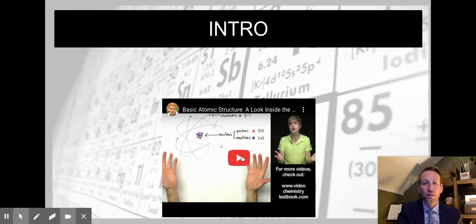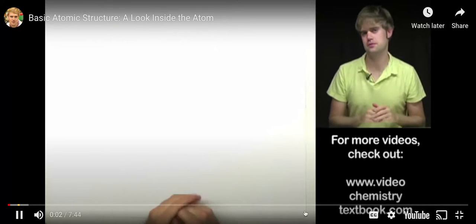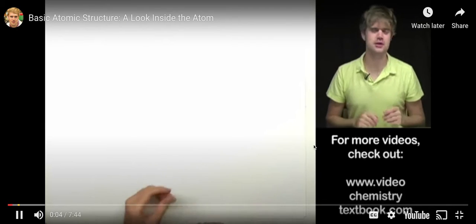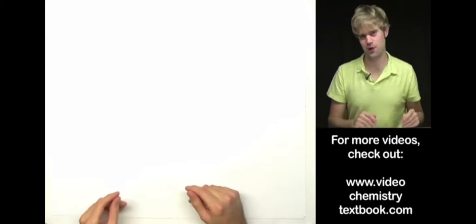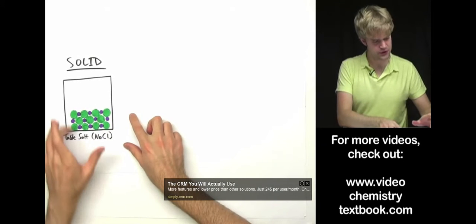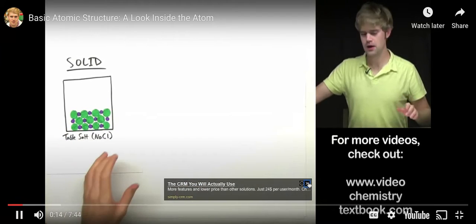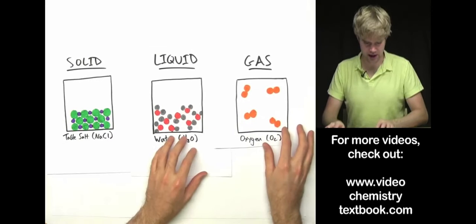Let's take a closer look at atoms. Atoms are the building blocks that make up everything, all stuff, everywhere. Here I've got some drawings. This is table salt, a solid. Here's water, a liquid. And finally, oxygen gas.